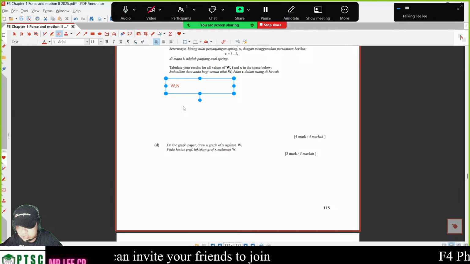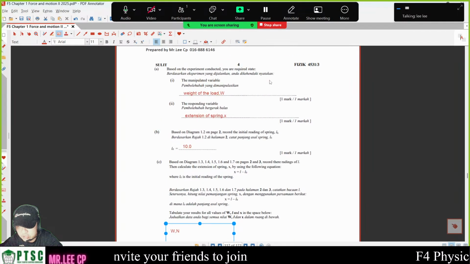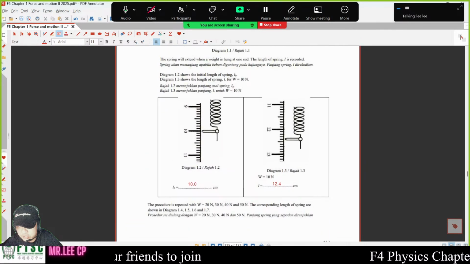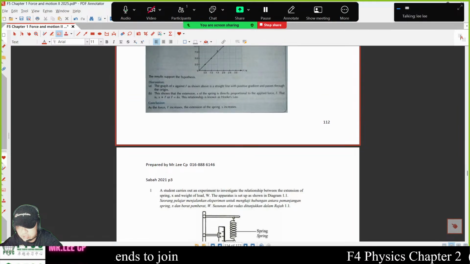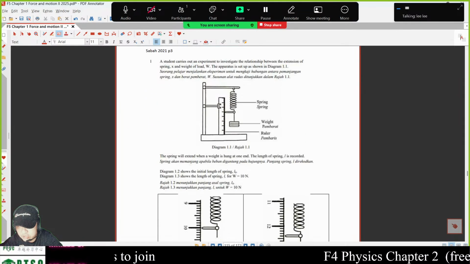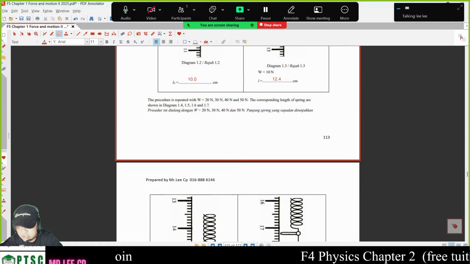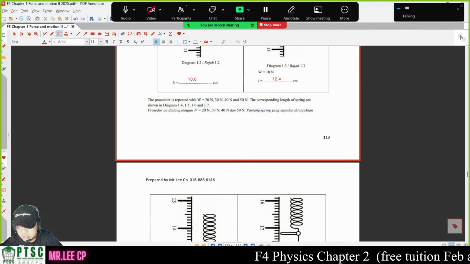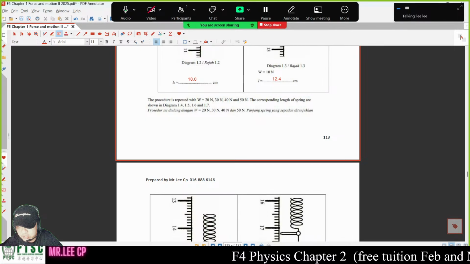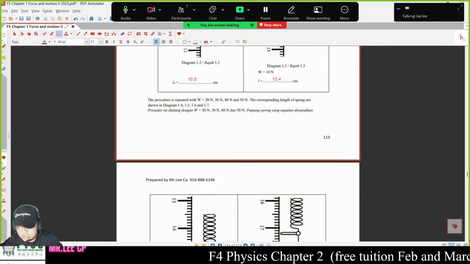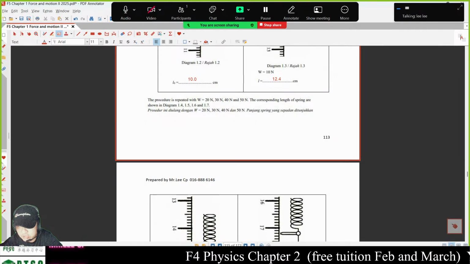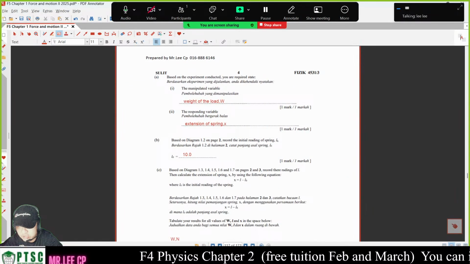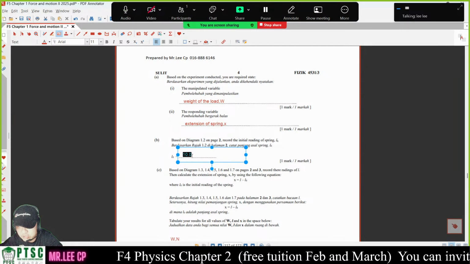So the first one, you start from 10 Newton. You look at the procedure: 10, 20, 30, 40, 50. Yes, you need to write 10.0, you cannot write 10, because a ruler has one decimal.